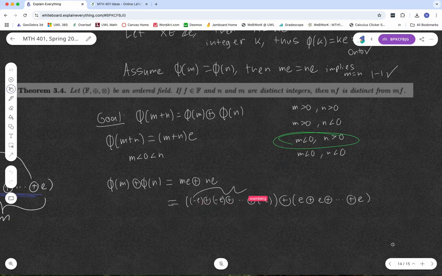That's going to be negative m times, and this is going to be n times.